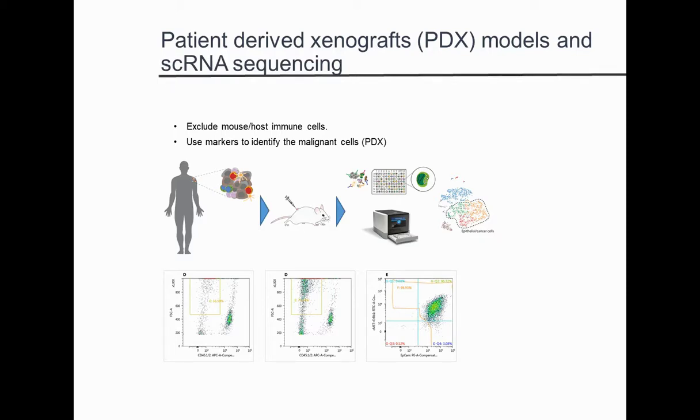If you look at the lower plots, the far left one actually shows you a PDX model where the composition of CD45 negative cells is less than 30%. And in a good tumor, we have a fraction of 70%, meaning that we have a 30% contamination.